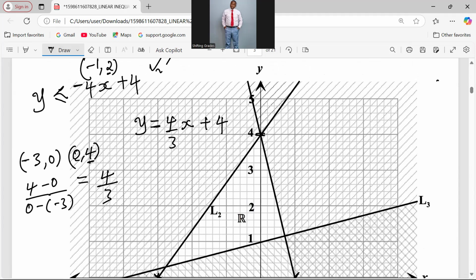Now that we have the equation, we can progress with the equation this way. And we can also do away with the fraction.